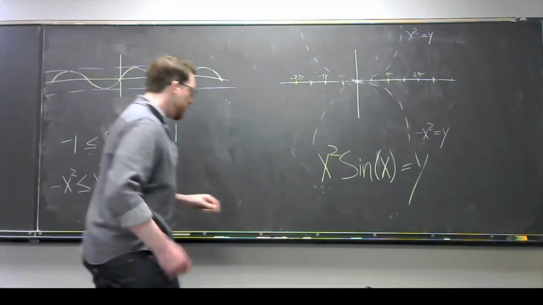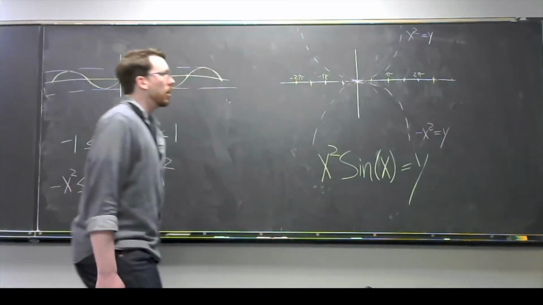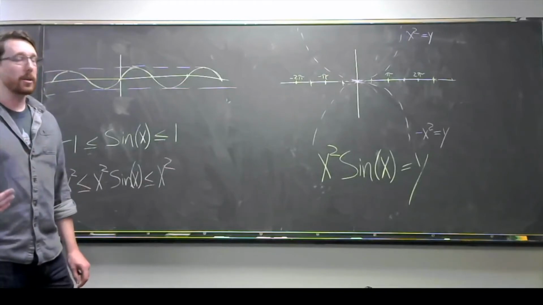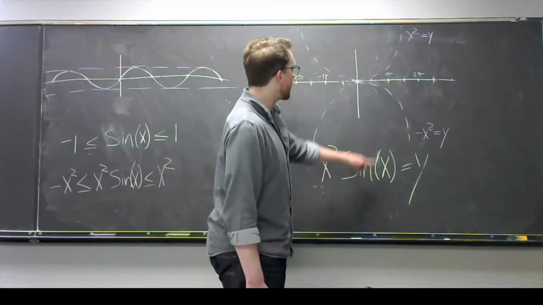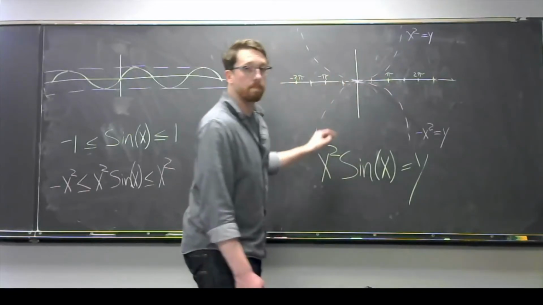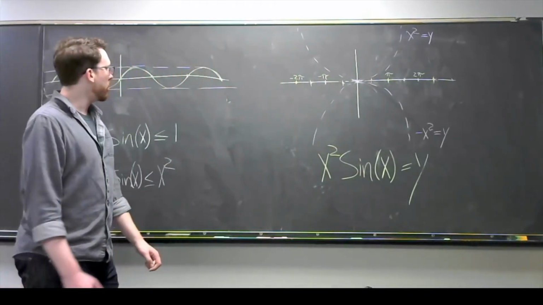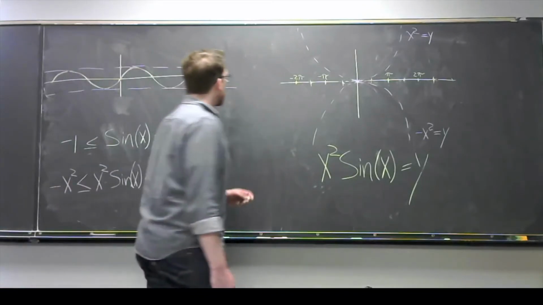Now, sometimes it helps to keep a table with what we're about to do next. We want to find out when x squared sine x touches these lines. To do that, let's spread out this table.